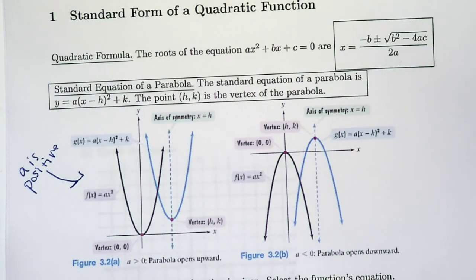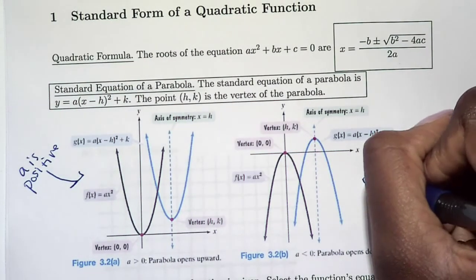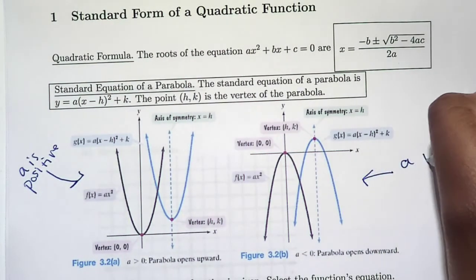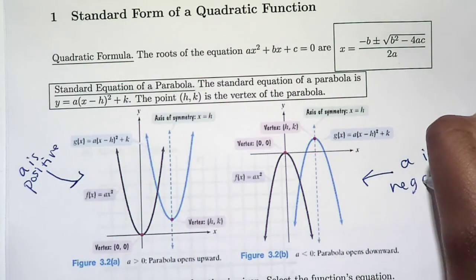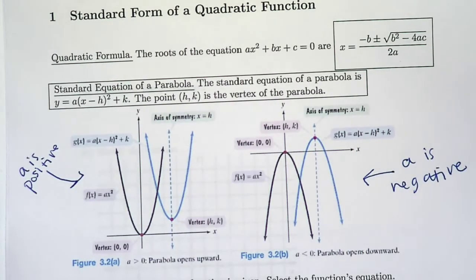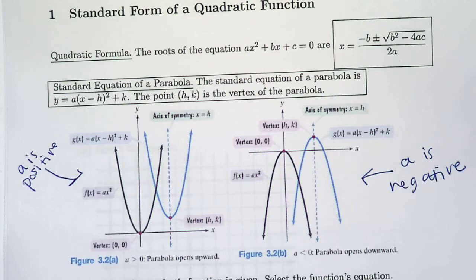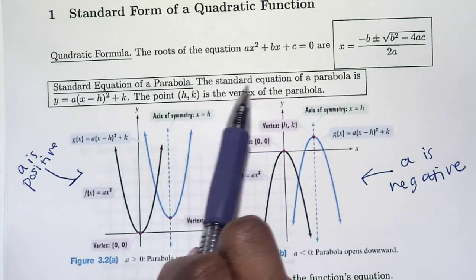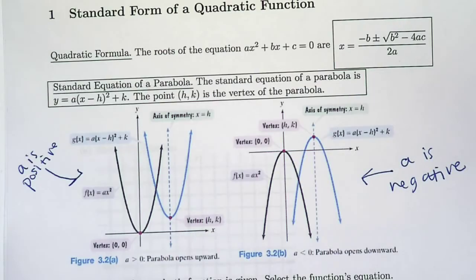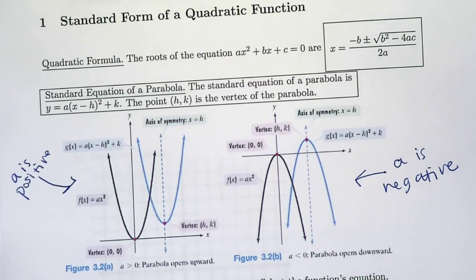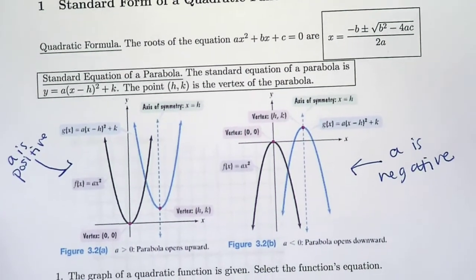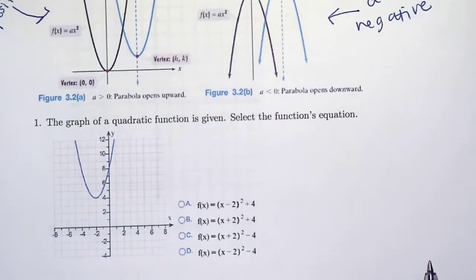And if a is negative, our parabola opens down. All right, so these are the main things you want to remember about our parabola, and this is our standard equation of a parabola.